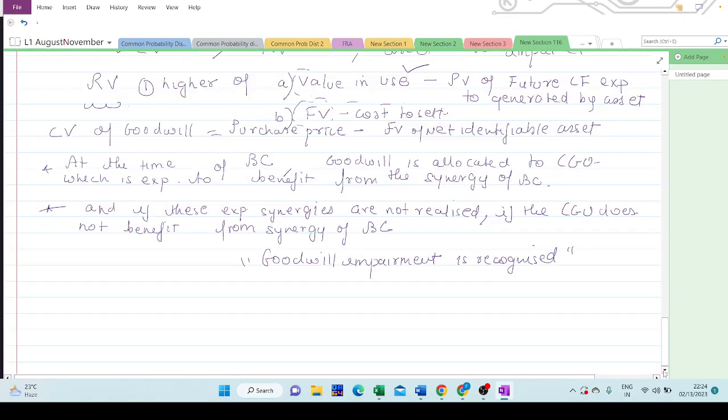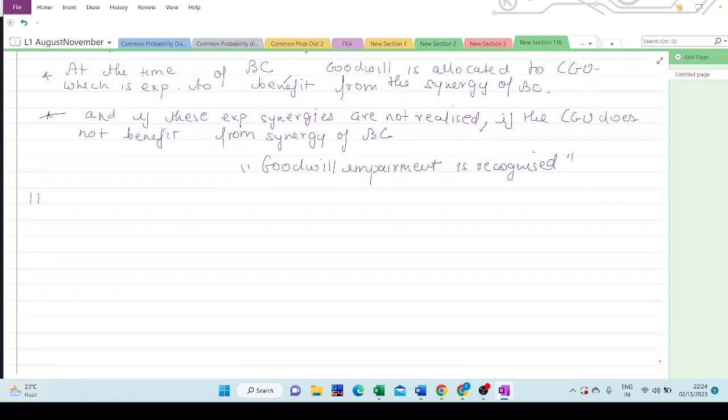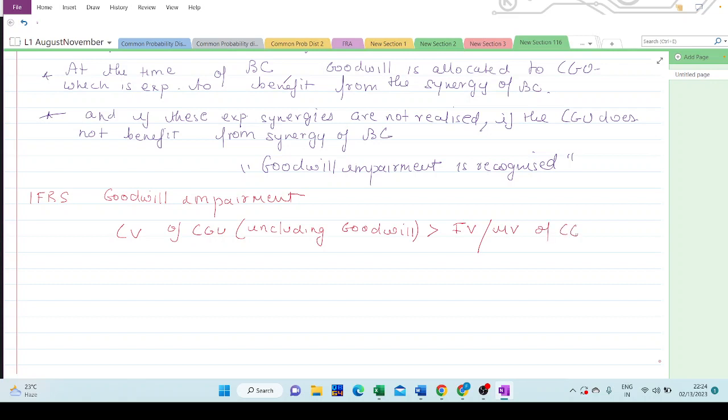So let's do some sums, right? IFRS, please now make a heading: IFRS goodwill impairment. Now please understand these rules. Goodwill impairment under IFRS: if the carrying value of CGU including goodwill is greater than the fair value of CGU or market value of CGU, this is not the fair value of the net identifiable assets of the CGU.